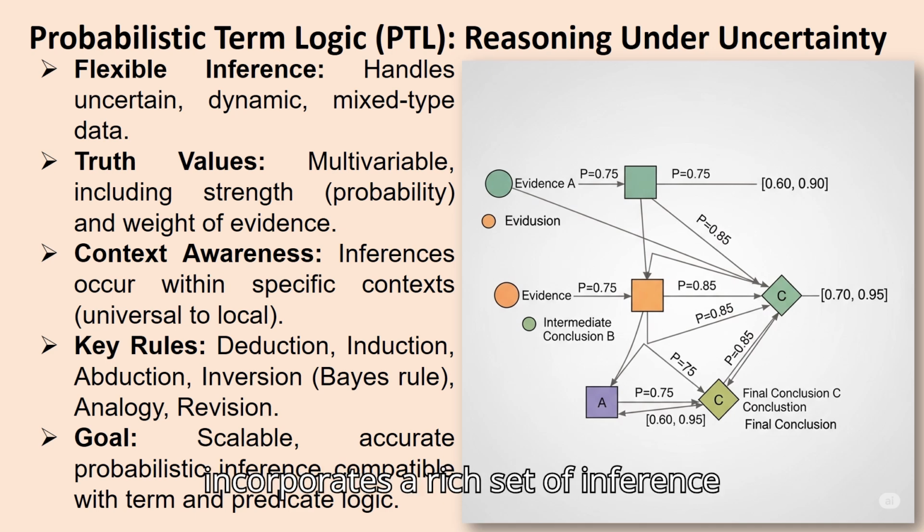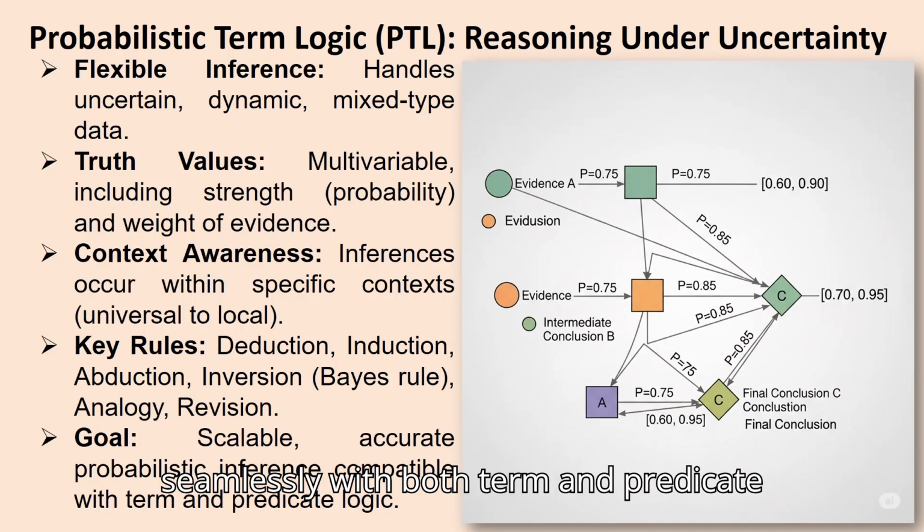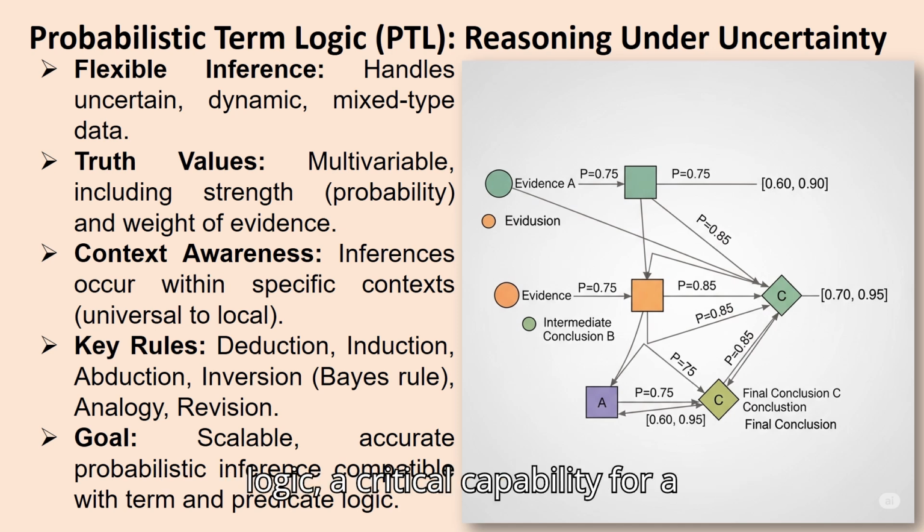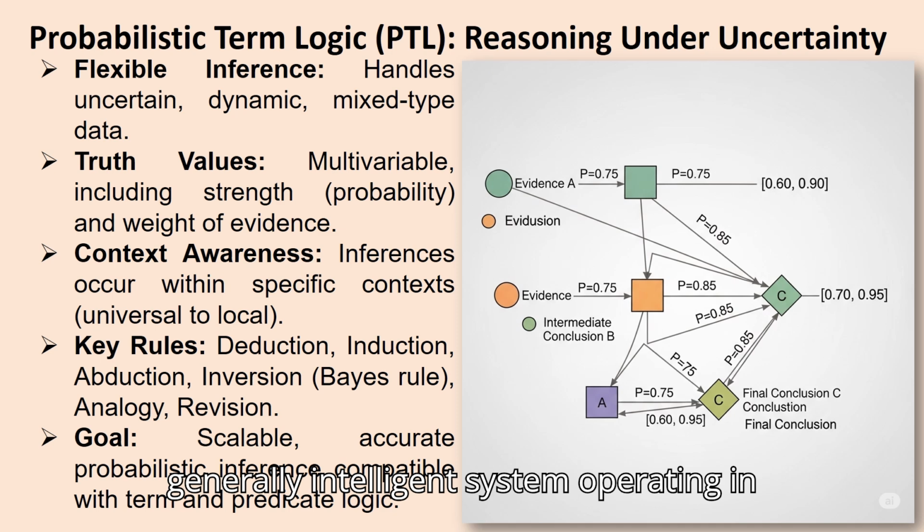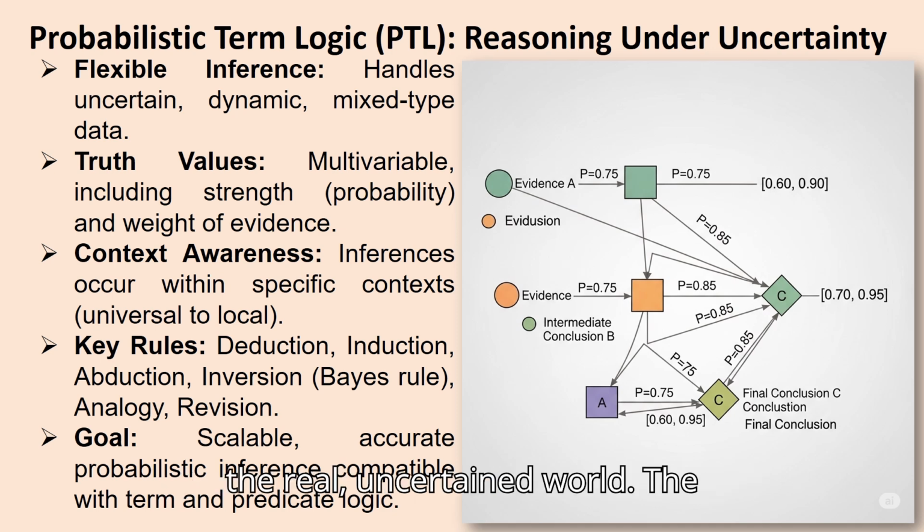PTL incorporates a rich set of inference rules, including deduction, induction, abduction, and Bayesian inversion, alongside mechanisms for analogical reasoning and knowledge revision. Its core objective is to provide accurate and scalable probabilistic inference that integrates seamlessly with both term and predicate logic, a critical capability for a generally intelligent system operating in the real, uncertain world.